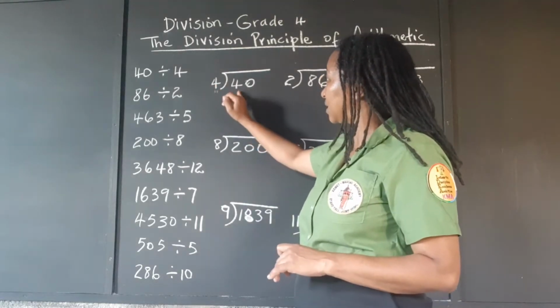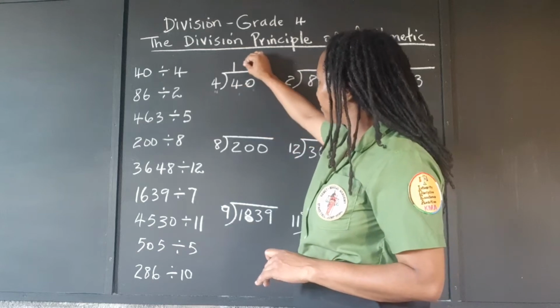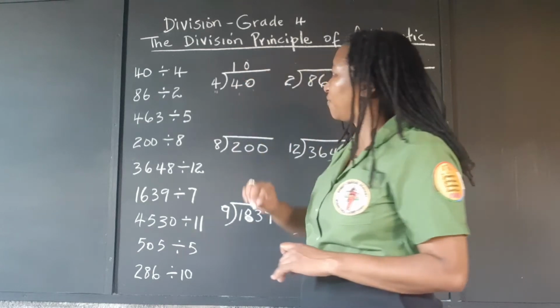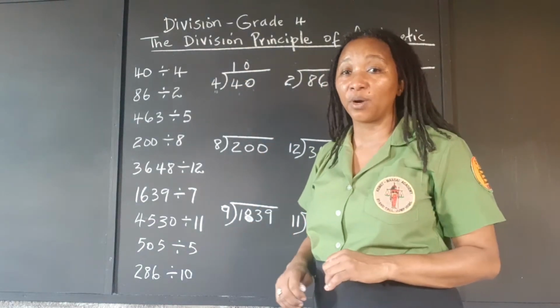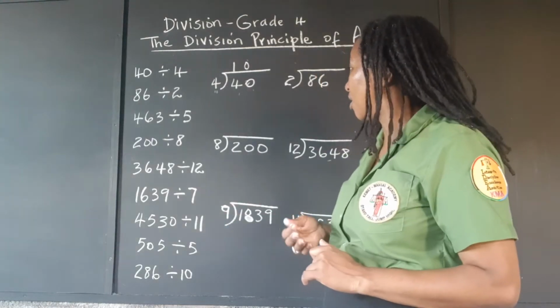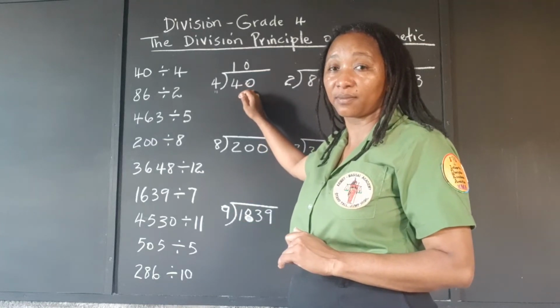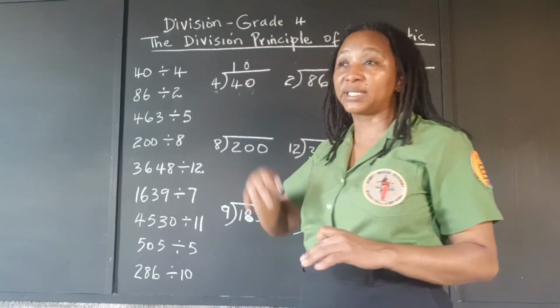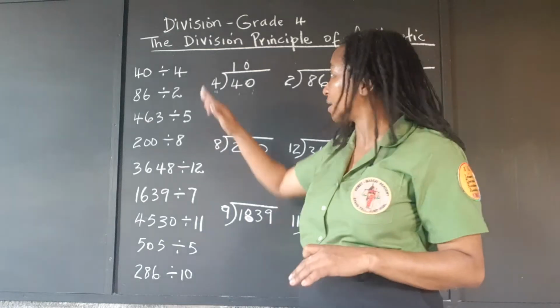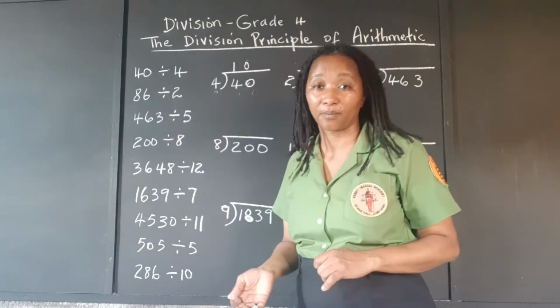So 4 goes into 4 one time, 4 goes into 0 zero times. So 40 divided by 4 will give us 10. Right? So in other words, if we had 40 things and we were to divide it into 4 equal groups, each group would have 10.